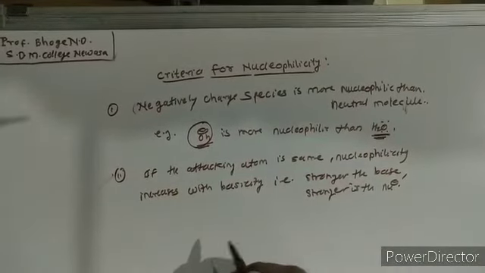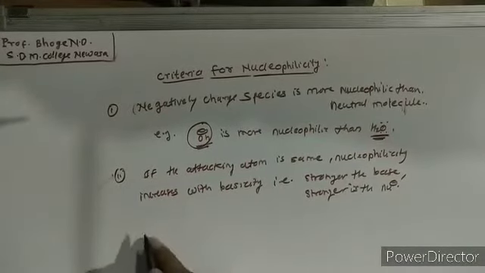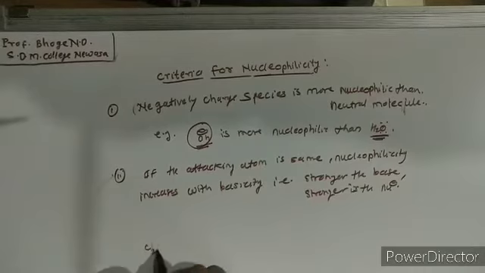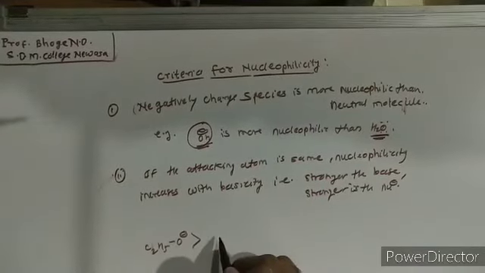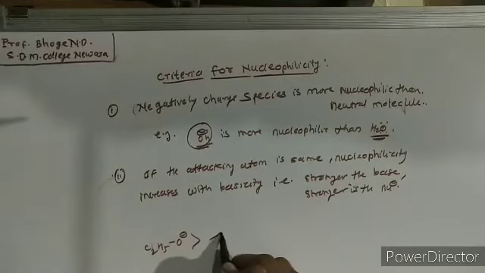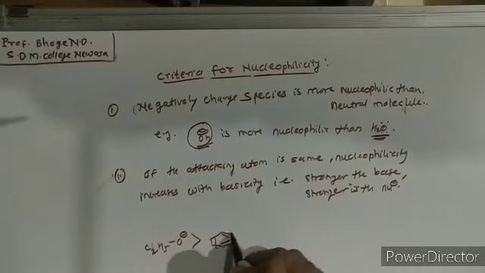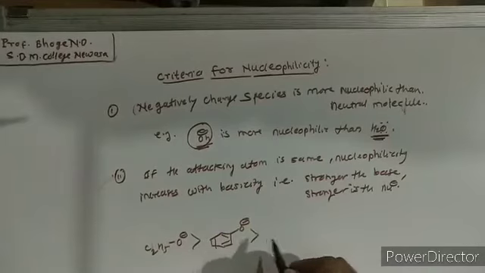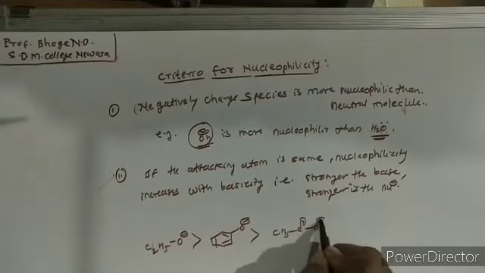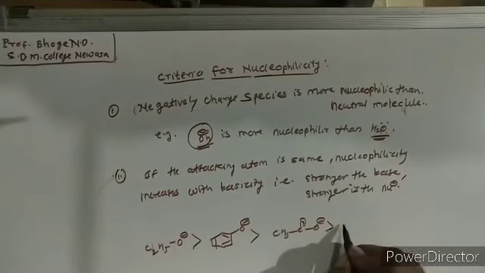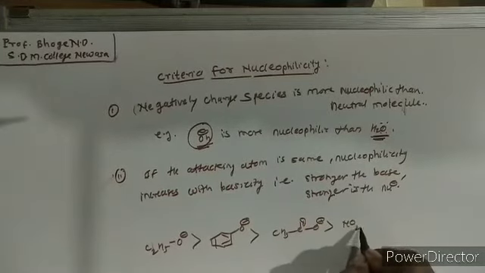Let's say for example, C2H5O minus, that is the ethoxide ion, is more nucleophilic than phenoxide ion, which is more nucleophilic than acetate ion.